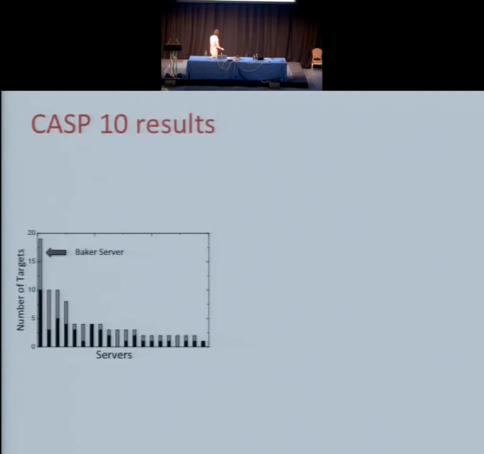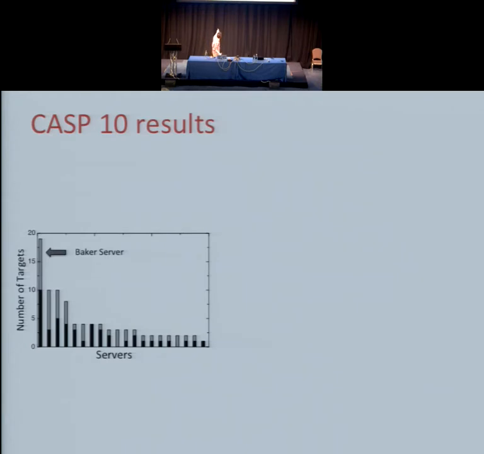What I'm plotting here are all the different CASP server models that were used. For each server on the comparative modeling cases, I'm plotting how often a server had the best model overall. Here you can see that the Rosetta group server did particularly well under this measure. And then also in black, I'm plotting if you just consider the very close homology modeling cases, where the sequence alignment is straightforward.